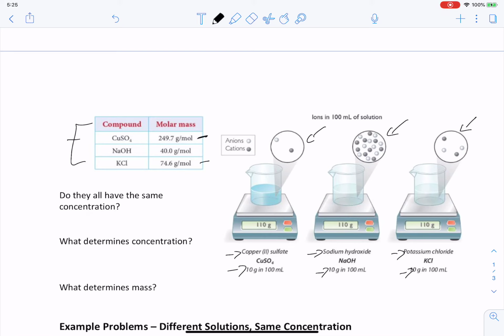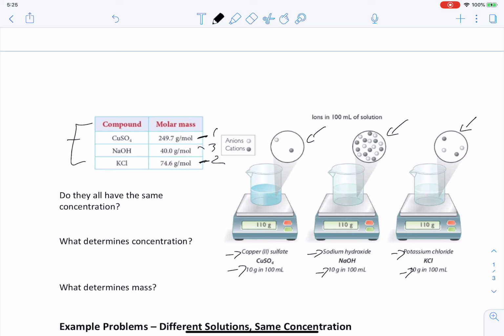Next one is potassium chloride, and then the smallest amount is sodium hydroxide. So what that means is, again, molar mass: if you have a mole of that substance, you will have, in copper sulfate's instance, 250 grams. So 1 mole of copper sulfate is heavier than the other 2 by quite a bit.